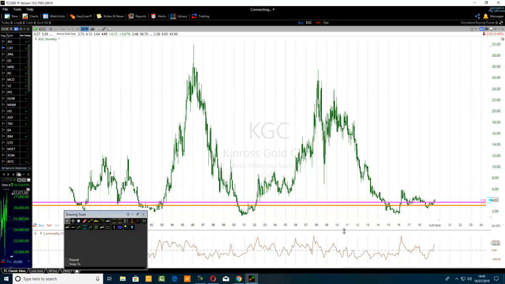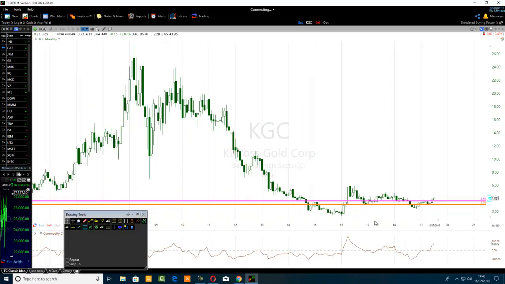Before I forget, this is very important. For Kinross, I will say to traders, the pink line here, $3.59: priority to bullish signal above $3.59 and priority to bearish signal below $3.59.